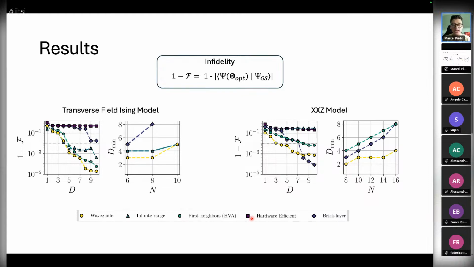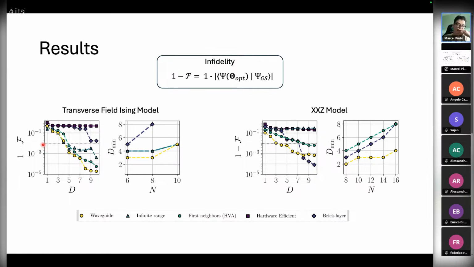The square are the hardware efficient ansatz, and the rhombus are the brick layer ansatz. And you can see, at least in this plot, that the waveguide dominates the other ansatz. You can reach much smaller infidelities by using these ansatz with tunable interactions.